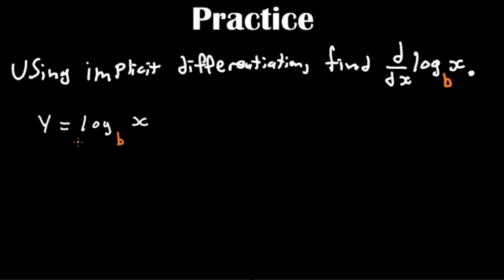So how about we exponentiate both sides with the base of b, so this log cancels with the base, and then we'll just have b to the y equals x. Now, you might be able to see where implicit differentiation is handy here. We can differentiate both sides with respect to y, and we could find dx/dy, but we're not really looking for that. If we differentiate both sides with respect to x, then we can find what we want.